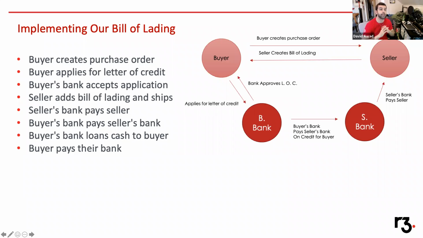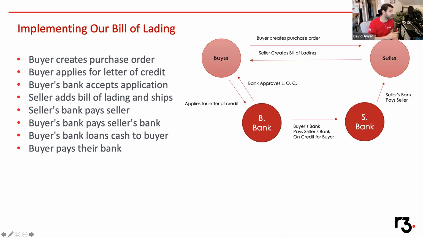So then my bank looks at my credit and says, okay, I am willing to underwrite the risk of this person paying party B, the seller, right? And if the bank approves and accepts the application, only then is the seller's bank notified, and then the seller is notified, at which point the seller can add a bill of lading and ship the product. They ship me my 1 million widgets.